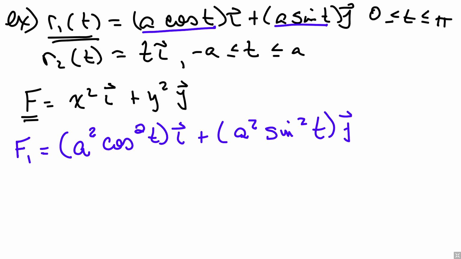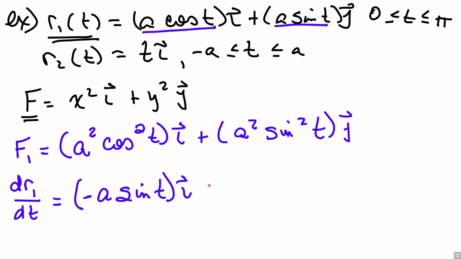Now the next thing we're going to do is take the derivative of r sub 1 with respect to t. If we do that, we get negative a sine of t in the i direction plus a times the cosine of t in the j direction.